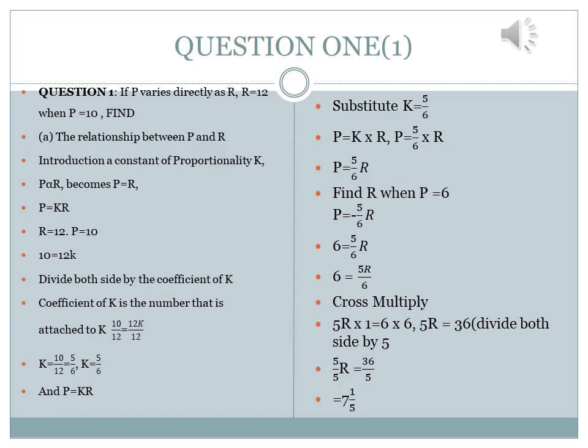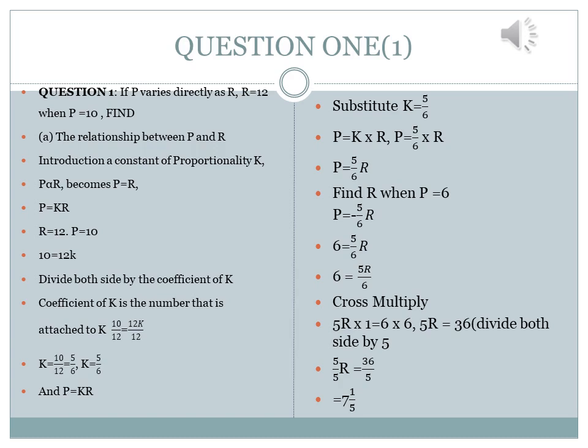So if 5R is equal to 36, we are to divide both sides by the coefficient of R, which is 5. So 5 cancels 5. R will be equal to 36 over 5. We cannot leave 36 over 5 because it is an improper fraction in which the numerator, which is 36, is bigger than the denominator, which is 5.